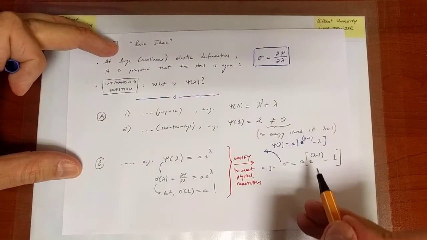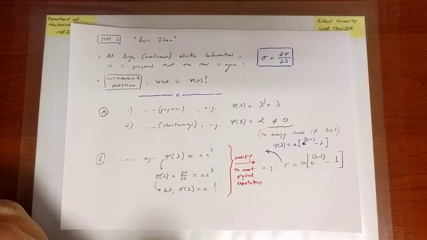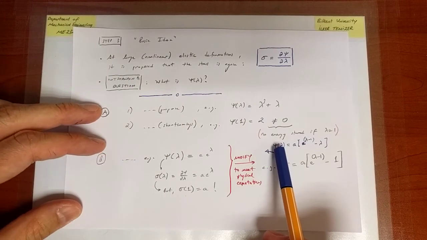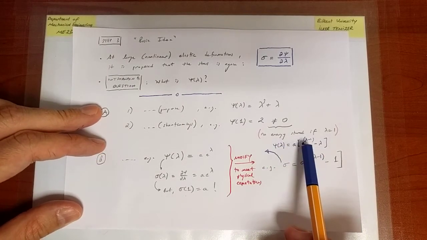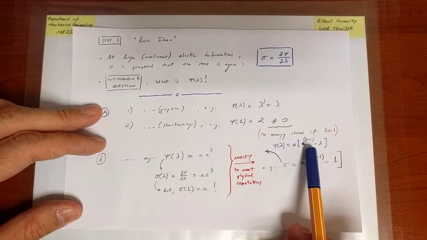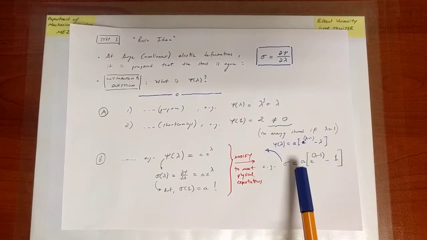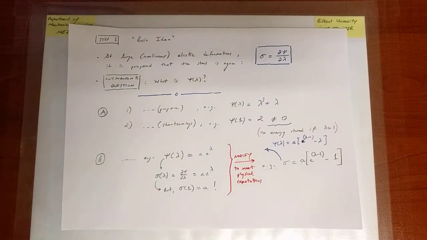So you take the derivative of that and you will recover that stress function. And in one shot, I've actually also corrected the form of psi, because if you plug in lambda equals 1, the value of psi was not equal to 0 before, but here it is equal to 0. So I've corrected it immediately with the expression for stress.